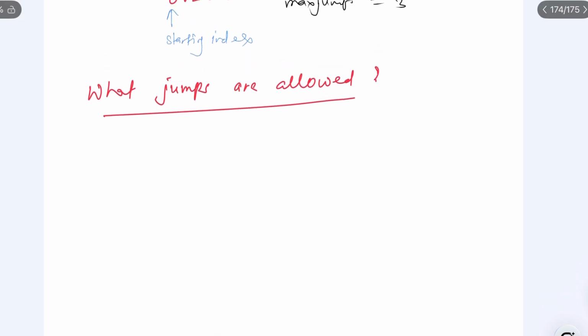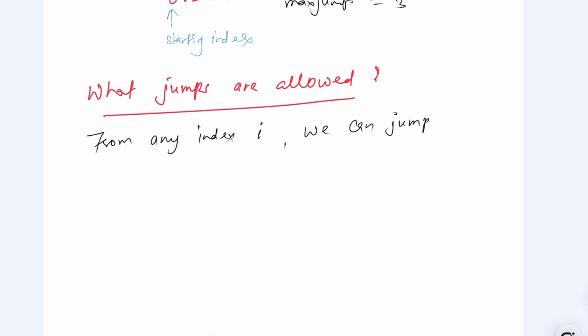So we can say that from any index i, we can jump. Where can we jump? The very first is i plus 2 to i plus 3.